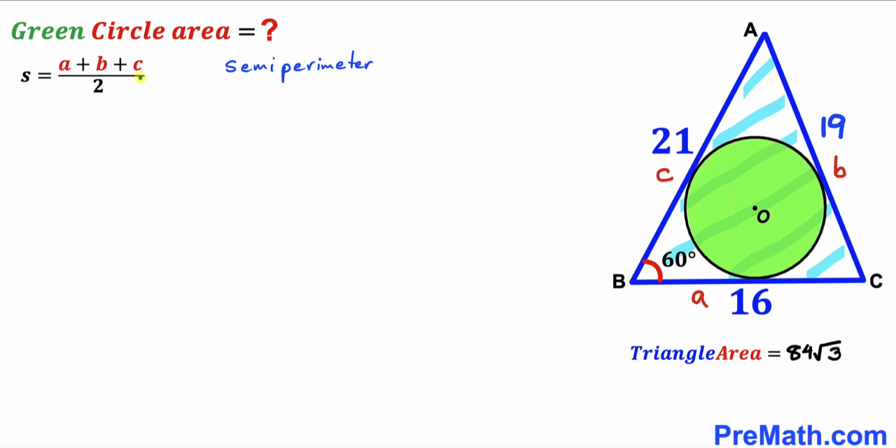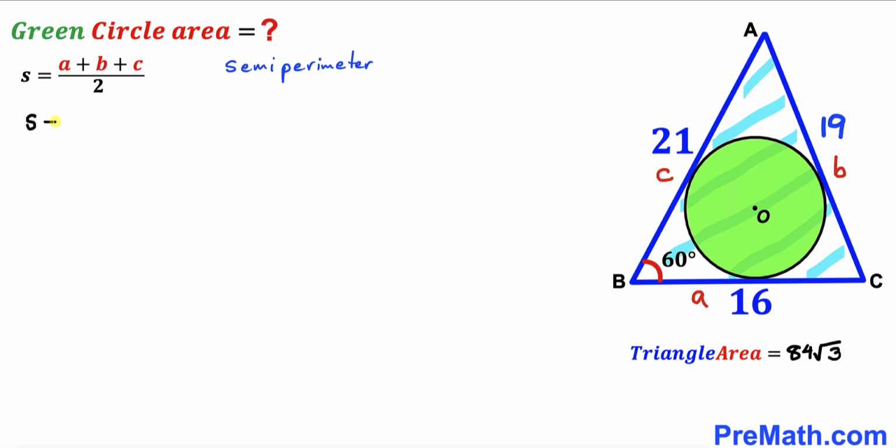Now let's recall the semi-perimeter formula. The semi-perimeter, represented by lowercase s, is always equal to the sum of these three side lengths, a plus b plus c, all over 2, where our lowercase a value is 16, lowercase b value is 19, and lowercase c value is 21. Let's fill in the blanks.